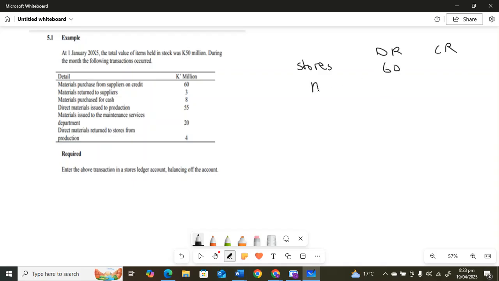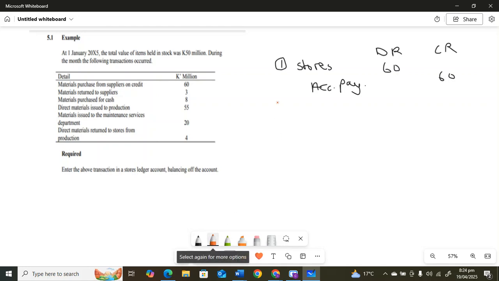Then we're going to credit accounts payable, since we haven't paid money for this, so we are owing. And remember, increase in a liability, you credit. So we're going to credit accounts payable 60 million. Any question?